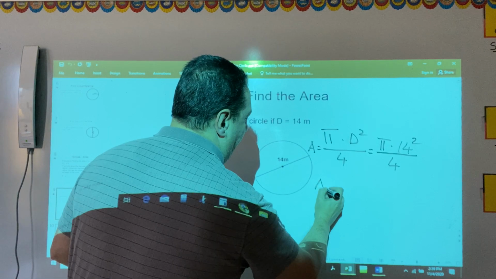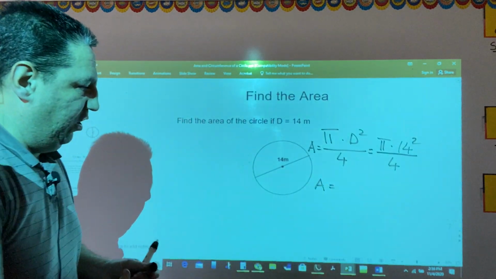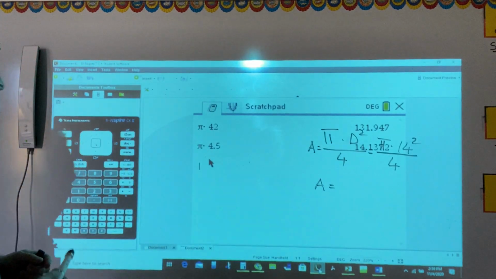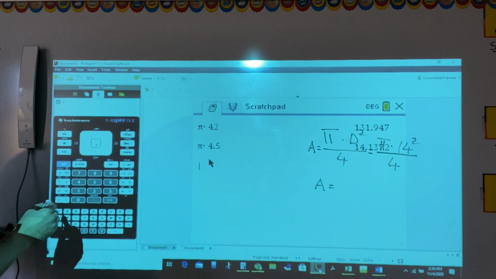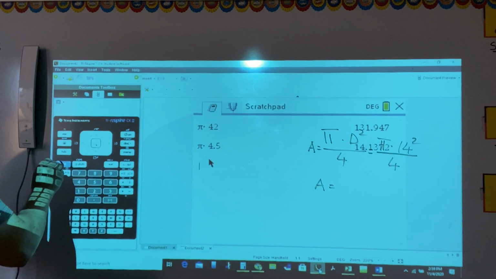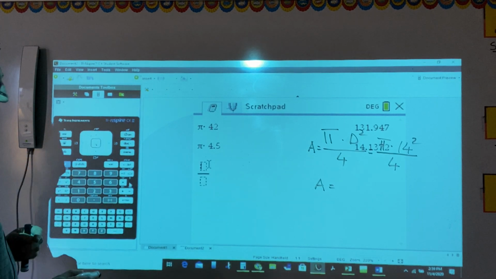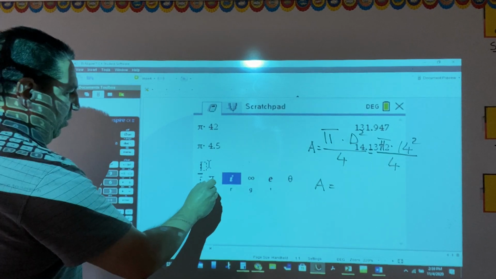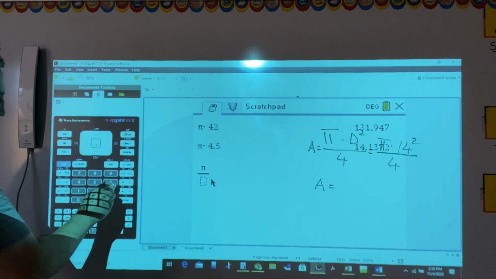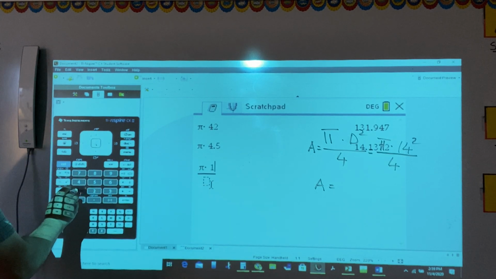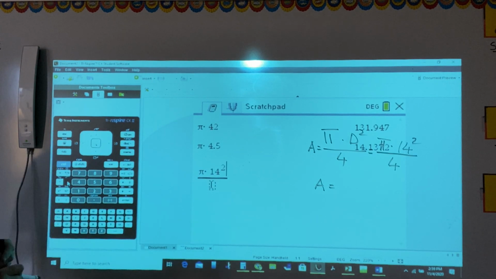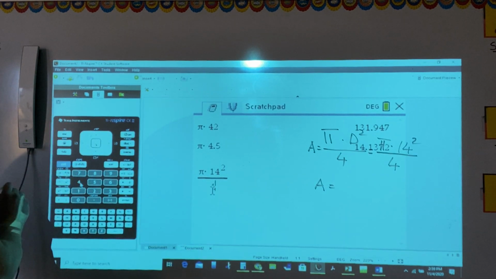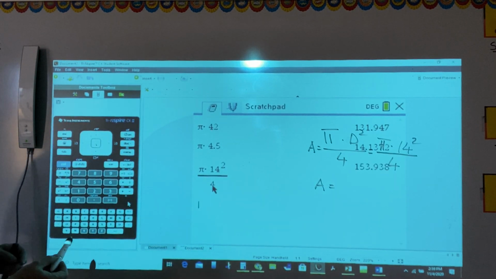So we use the calculator to estimate the area. First we press control and divide. Then we press pi, then we multiply by 14 squared, and then we divide by 4. And then we press enter.